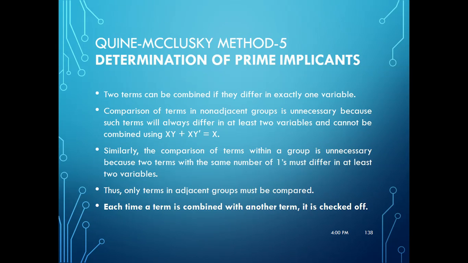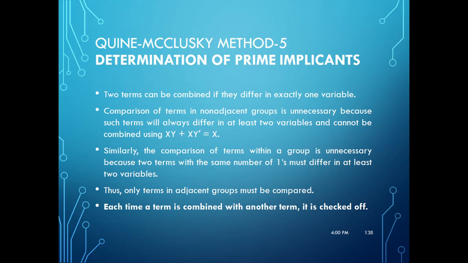Unless you check off, you cannot get the prime implicants later. So whenever you try to combine any of the groups, you have to make a check mark, or just a tick there. Only adjacent groups are being combined, so they must be compared first. Min term 0 has to be compared with min term 1 first, not with the last term or the 15th term.